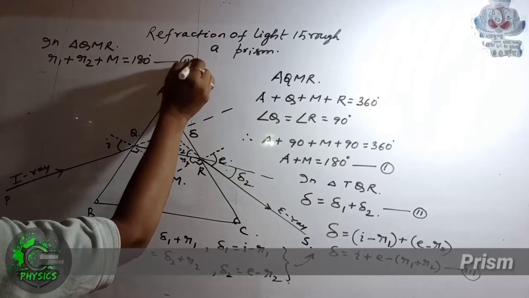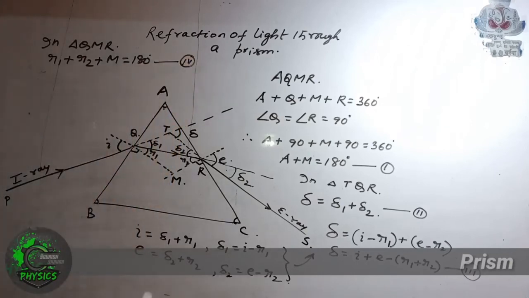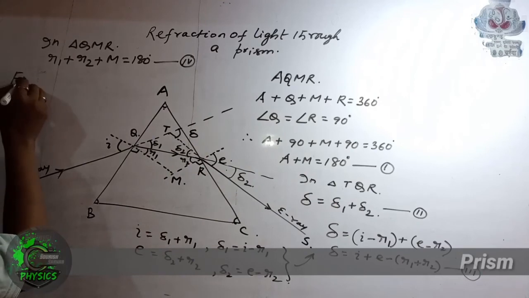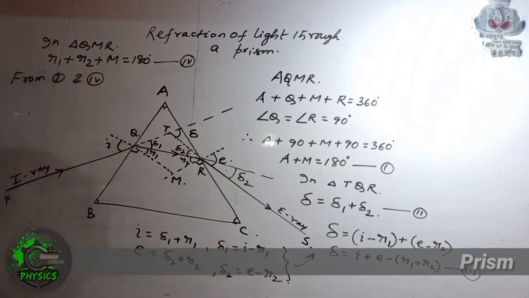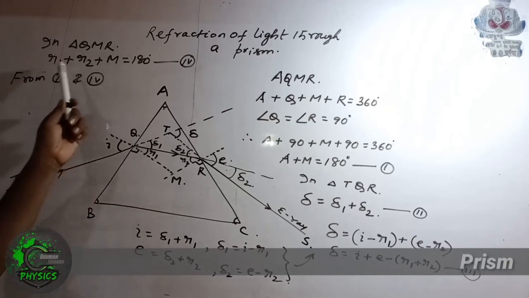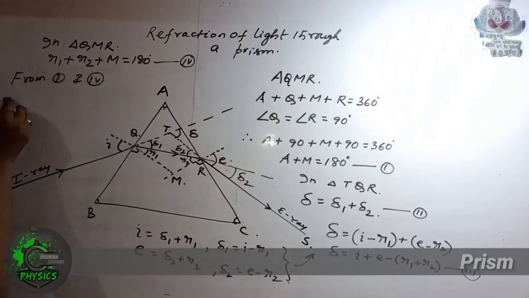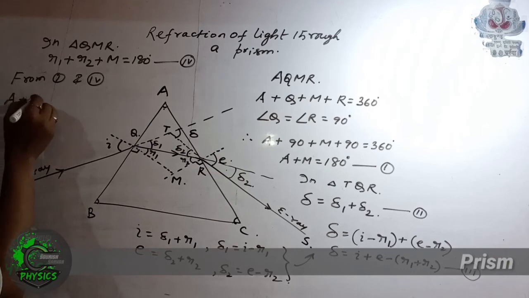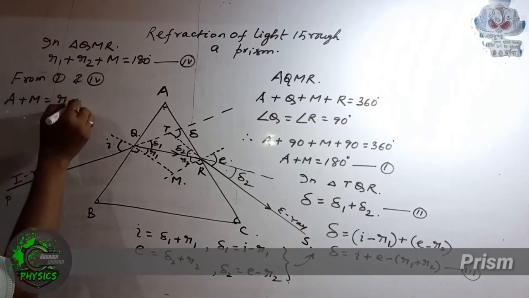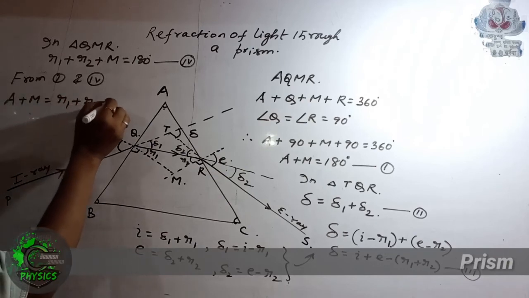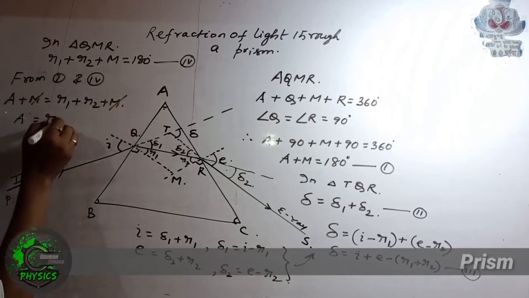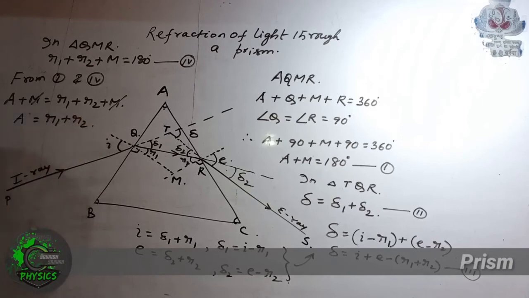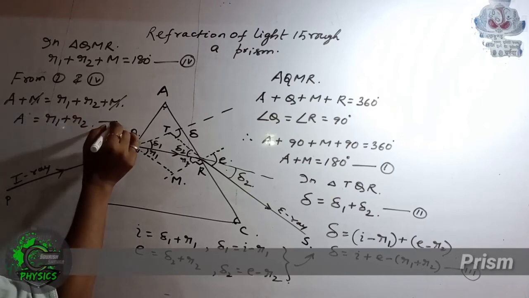Let it be equation 4. Now we equate equation 1 and equation 4. From 1 and 4 we get A plus M equal to R1 plus R2 plus M. Cancel M. So A equals R1 plus R2. Let this be equation 5.